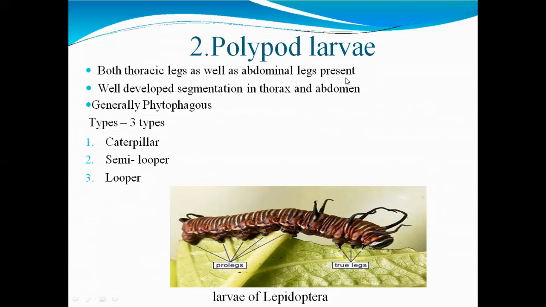Polypod larva is of three types: first caterpillar, second semi-looper, and third looper.